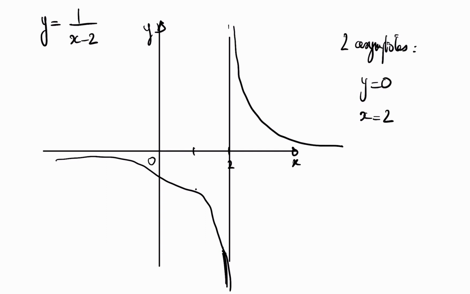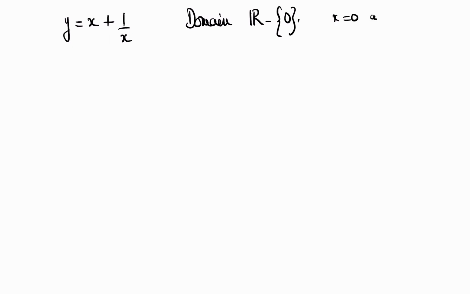Let's do a final one. If we do y equals x plus 1 over x. Right. So the domain is R minus the element 0, for which we cannot calculate y. So that means that x equals 0 is an asymptote. What else?